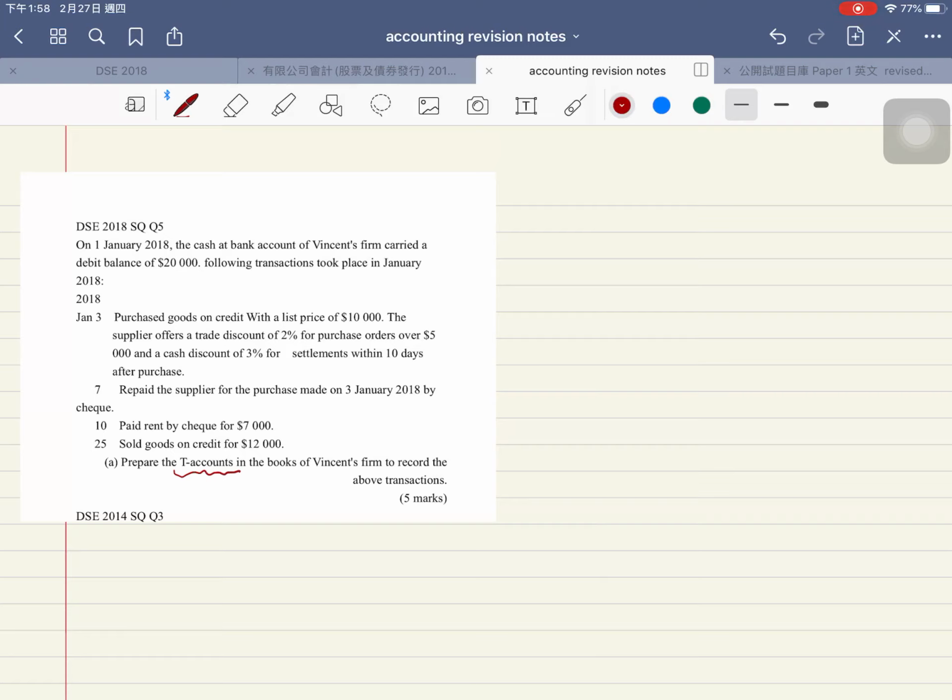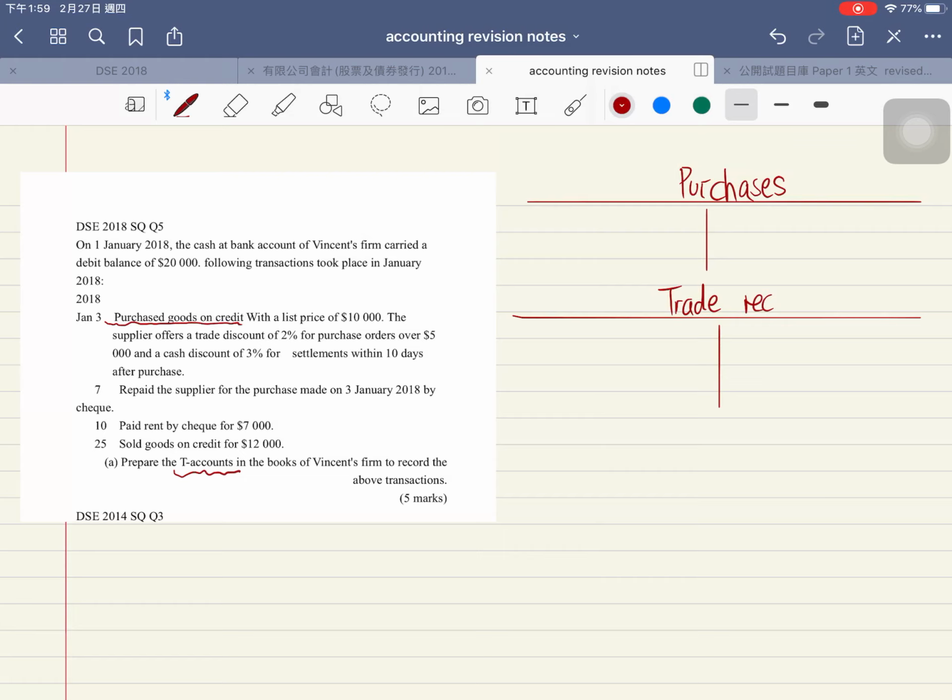Okay, so we know that we purchase goods on credit. So there are two accounts which will be affected. One is purchases. Because we purchase goods on credit, we have trade payable.